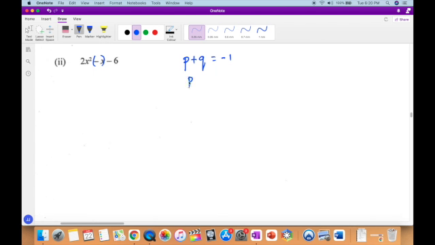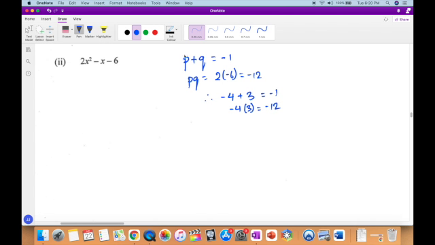But when you multiply them, you will get a times c, which is 2 times negative 6, which is negative 12. Well, those numbers are negative 4 and 3. So negative 4 plus 3 is negative 1, and negative 4 times 3 is negative 12.